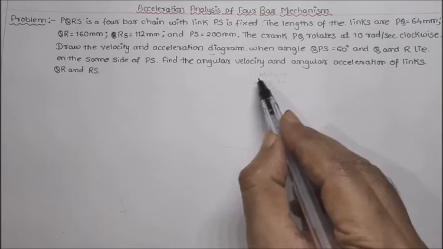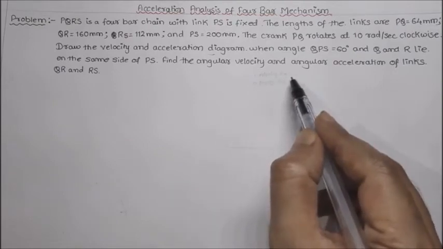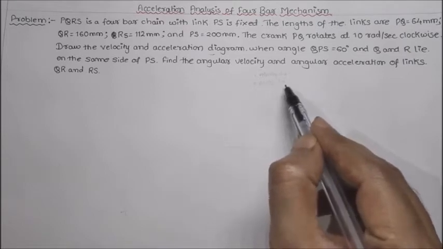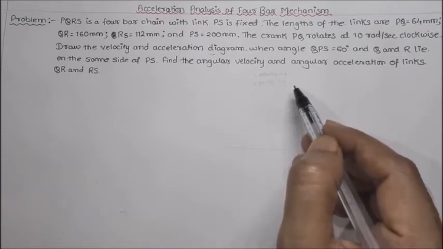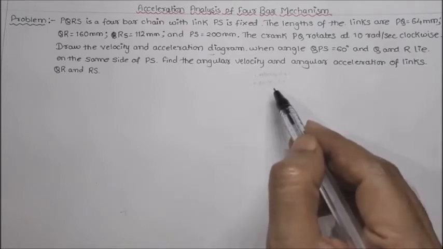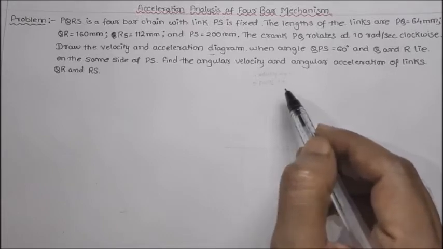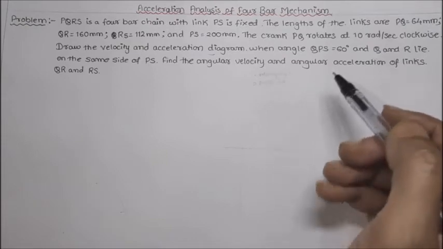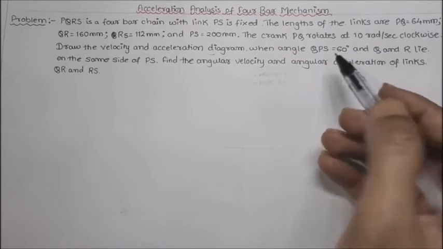Till now we were studying about finding out velocities at those particular points. Now we have to find out the angular accelerations at those particular points or for those given links. Let's go with the problem statement and then start the solution.